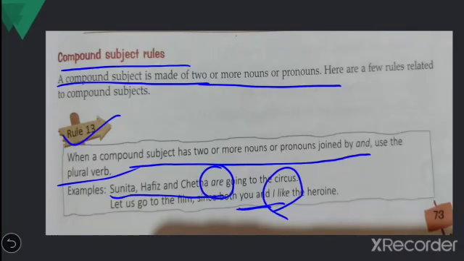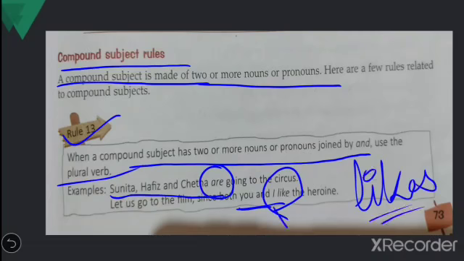So like will come, not likes. Likes is a singular verb and like here is a plural verb. So you and I is joined by the word and. It's a compound pronoun. That's why here like will come, a plural verb.